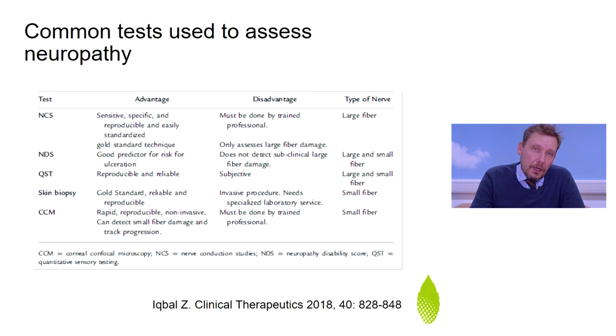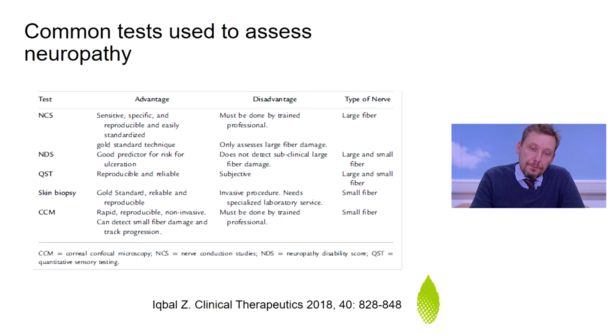It, of course, does require a trained professional in order to both do and interpret the test. Other tools which are commonly used, of course, are neuropathy disability scores. As with any questionnaire-based study, it's susceptible to sensitivity and specificity issues, but is obviously a much easier assessment to perform.